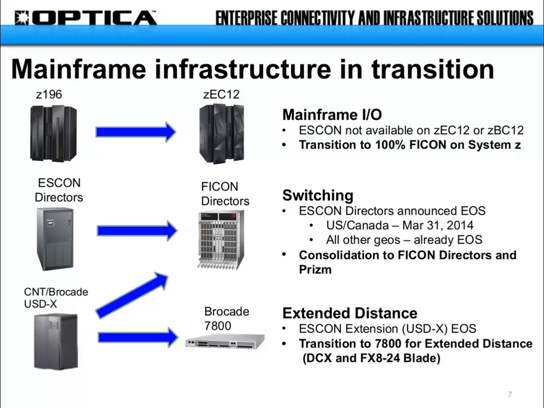Interestingly, in every other geography of the world, ESCON directors are already in end of support status. Okay, so any ESCON director switching you're doing today is going to be migrated over to your FICON switch network, if you have one, and in combination with Prism to support your ESCON and bus and tag devices.